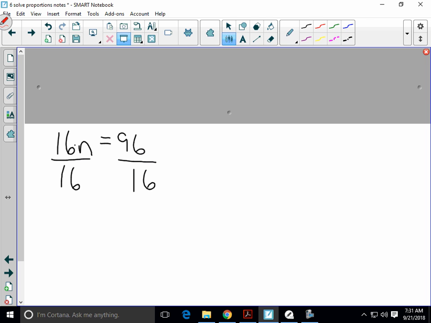On the left side, 16 divided by 16 is 1. That's what you wanted to do. You want 1n. So I'm going to write n again. I don't have to write the 1 in front, because if I write the letter n, it means I have one of them. And then on the right, I have to do 96 divided by 16. So I would get 6 for my missing number.